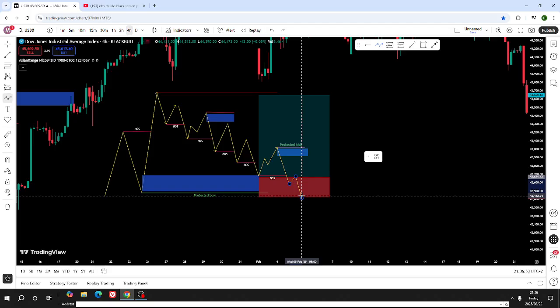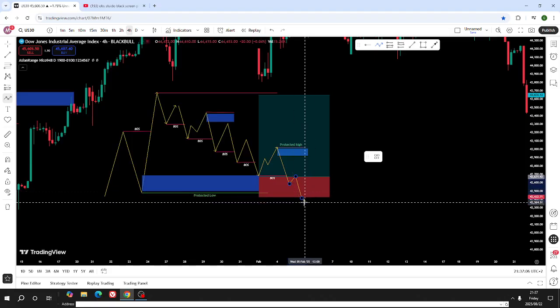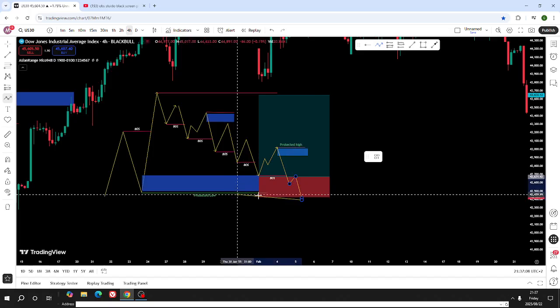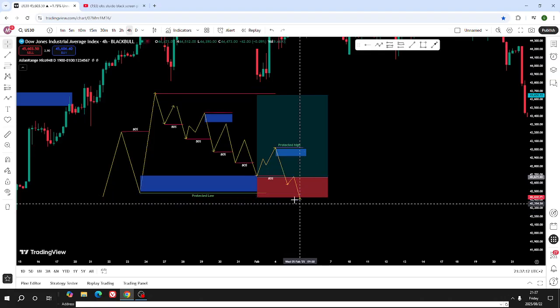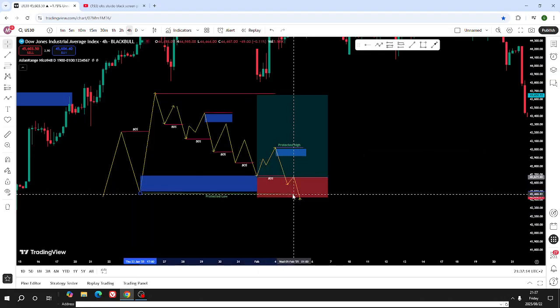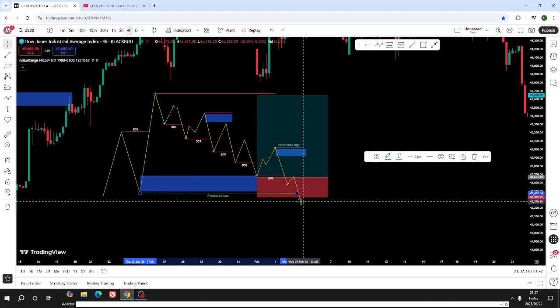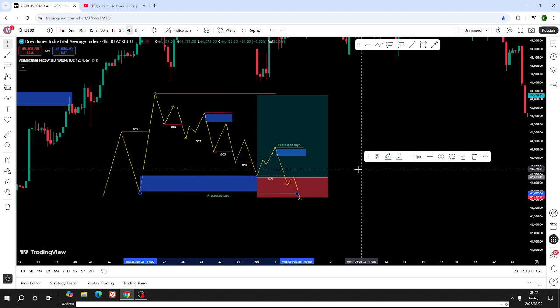So you can buy, yes, but then we're not sure because the market on the internal is downtrend. You get it? As market makers see that we have a lot of stop losses waiting over here, they let the market continue to be a downtrend, and then sweep the protected low, taking the stop losses of those who went earlier.